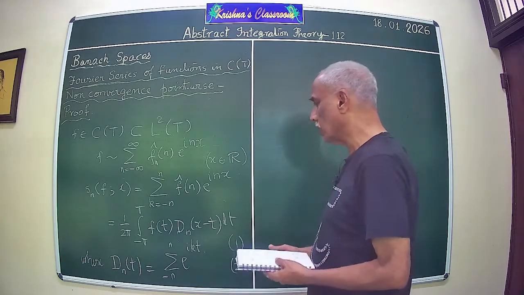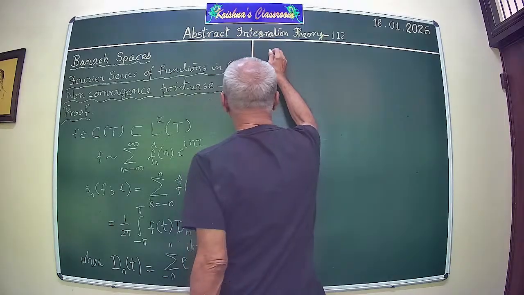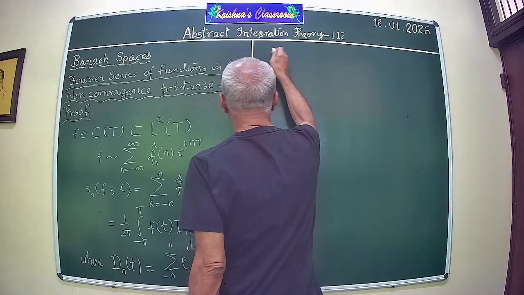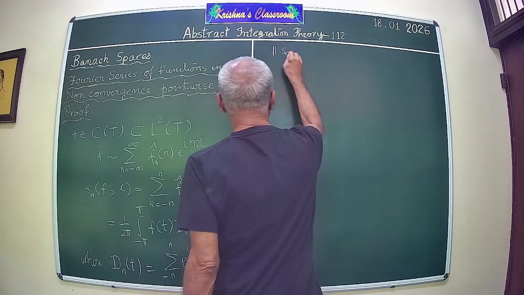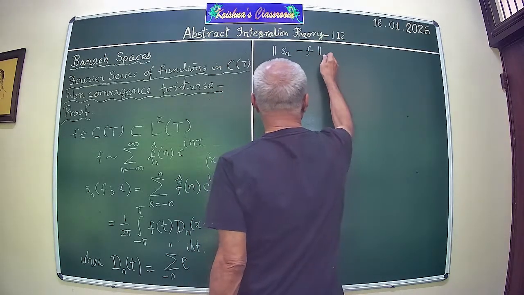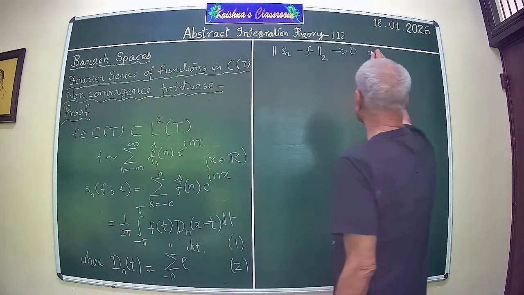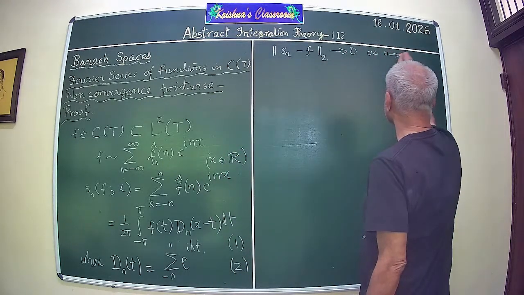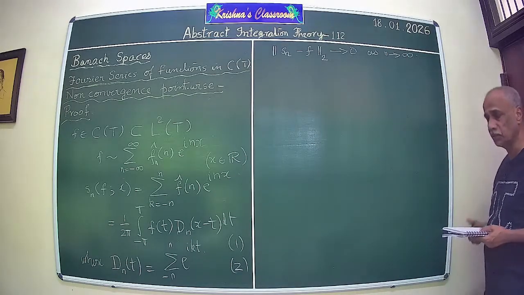So our problem is this: we know that the norm of Sn f minus f converges to 0 as n tends to infinity. That means you are assured of L2 convergence of the sequence.